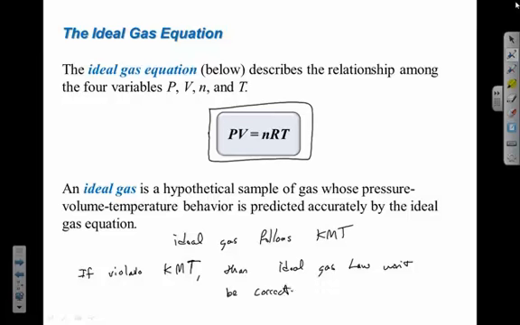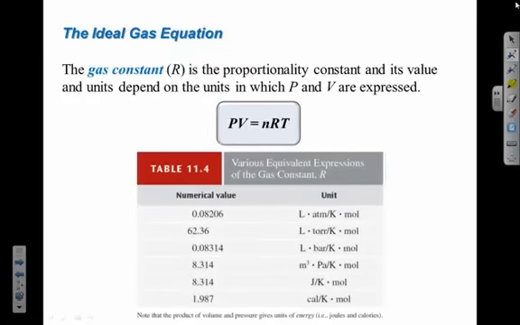It won't give us the correct pressure if we're using it to solve for pressure or whatever. So we'll talk more about situations like that later. But for most situations, the ideal gas law is really useful.